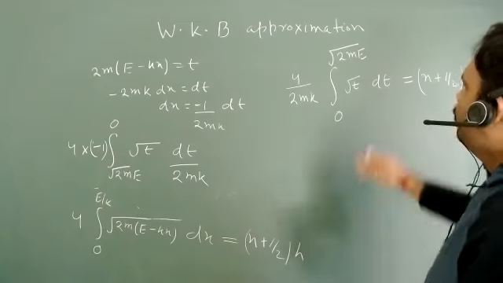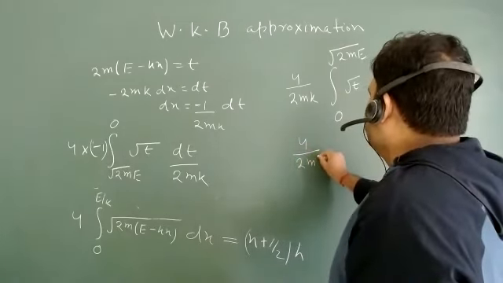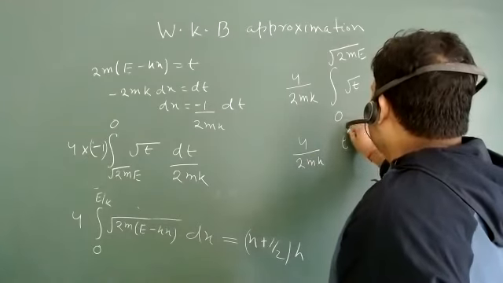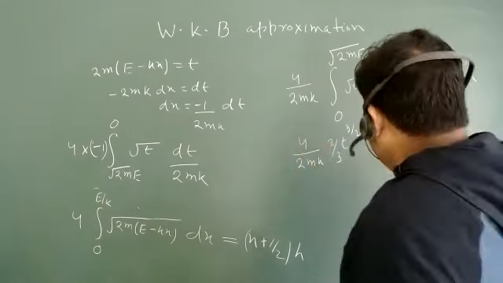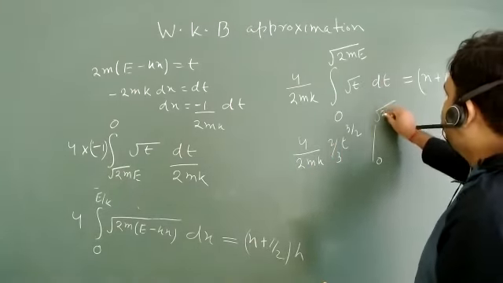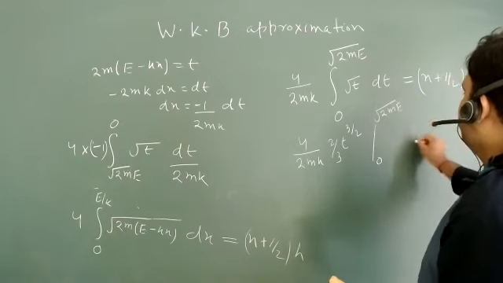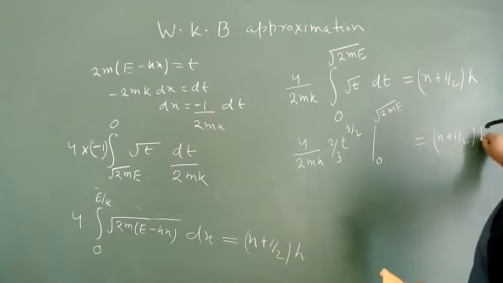Okay. Now, what is this integration? Very simple one. 2mk, I think this will be t to the power 3 by 2 by half. So this is 2 by 3, isn't it? And that value from 0 to 2mE is equal to n plus half h.